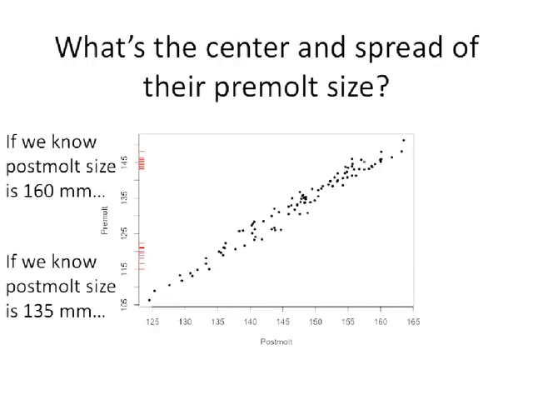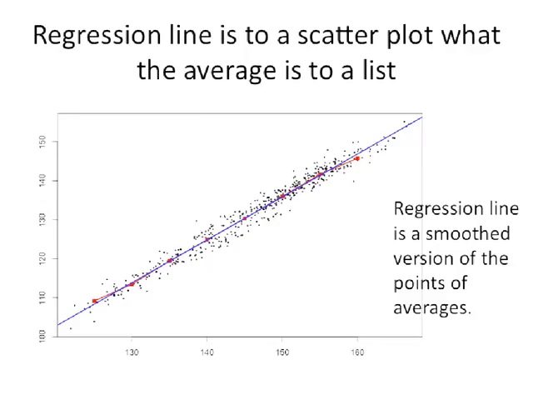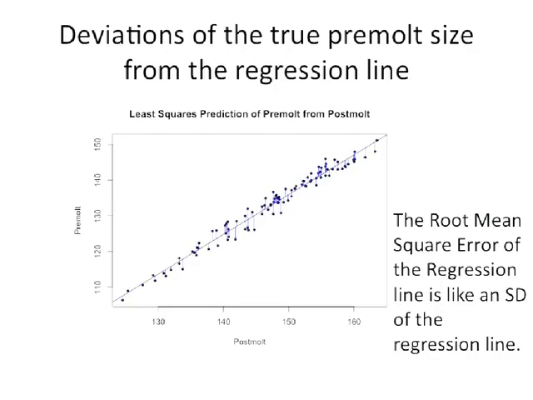Now, when we've got a scatter plot of many points, we can think of that regression line as to the scatter plot what the average is to a list, or what the average is to the rug in our rug plot. Likewise, we can think of the spread about an average for a list as the root mean squared deviations from the line.